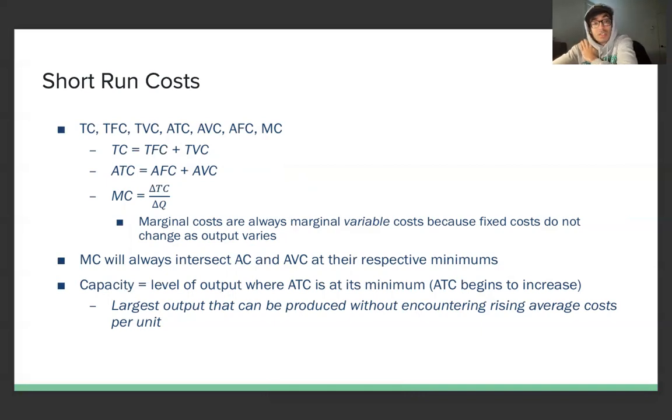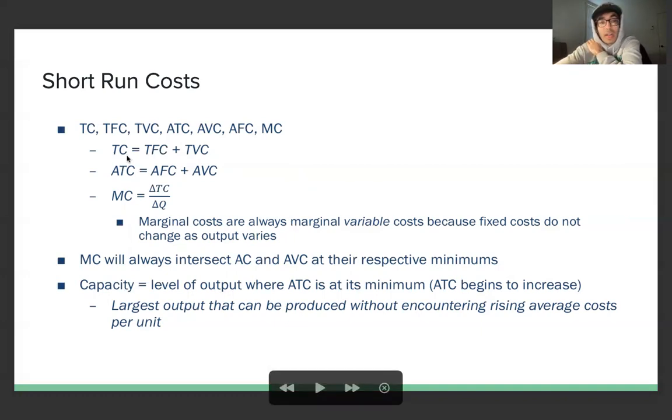Average total cost is total cost divided by the quantity, and you get a similar relation where TC is equal to TFC plus TVC. If I divide the whole equation by the quantity, that gives you ATC is equal to AFC plus AVC.